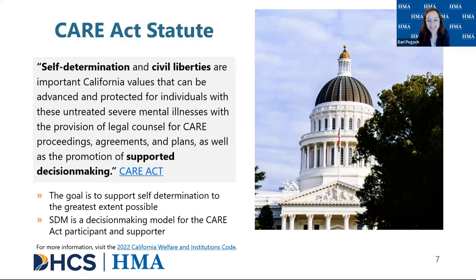And the point is that there's no pass or fail for supported decision-making. There's a lot of trial and error in applying this framework and figuring out what works. And with a person-centered model, of course, the supported decision-making tool really has to be developed and applied to meet the individual needs of the person who's being supported. Next slide.